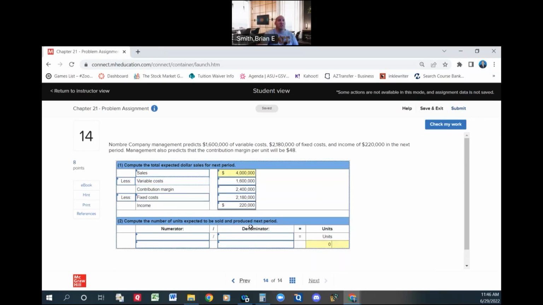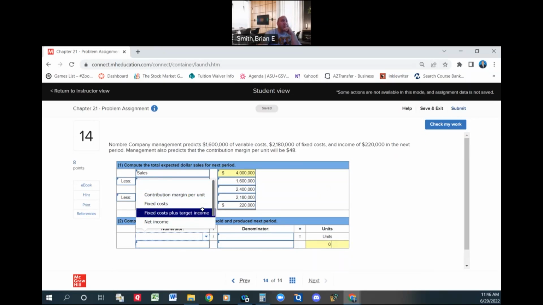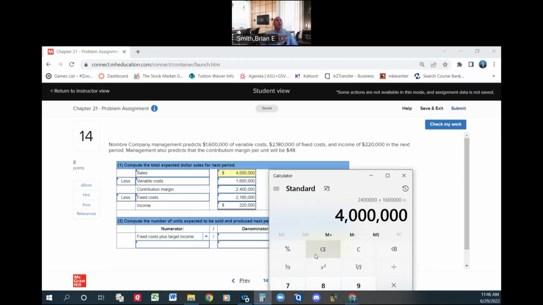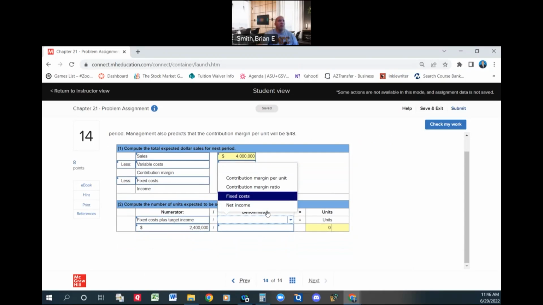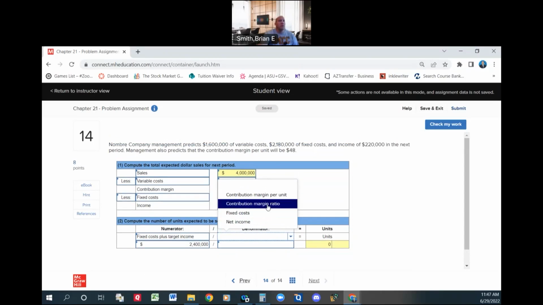Compute the number of units expected to be sold and produced next period. Okay. So remember, we're doing it at target income. So our numerator has to be fixed costs plus target income. So we got 2.18 million plus 220,000, contribution margin 2.4 million. The denominator, we're doing units. I don't have the formulas with me. This is why it's important to have them. I'm pretty sure it's the ratio, though.